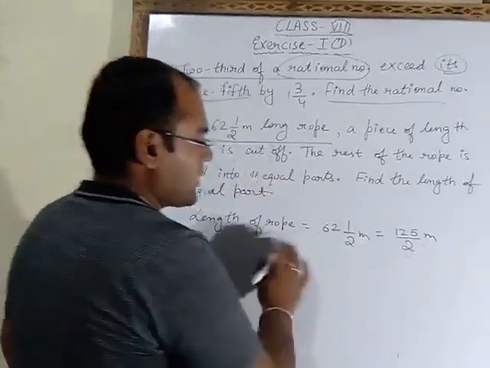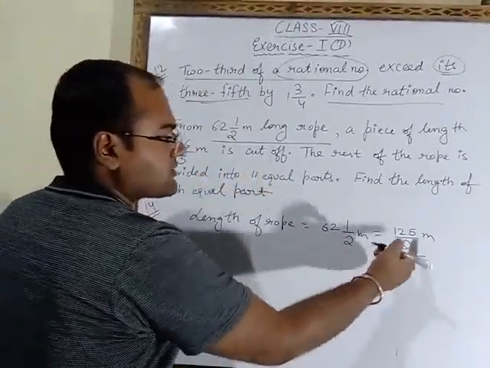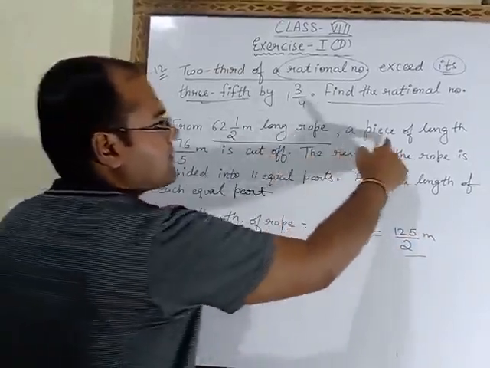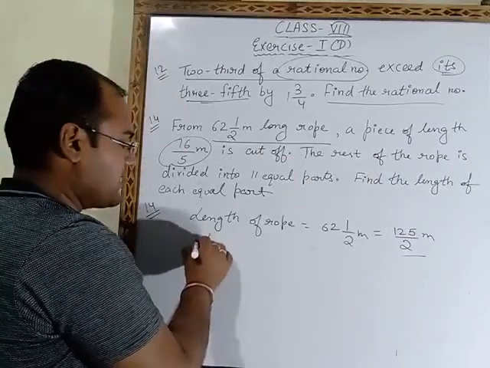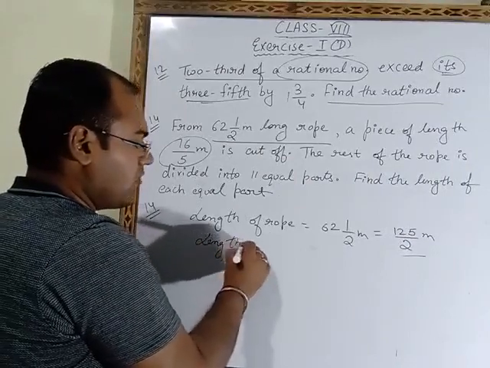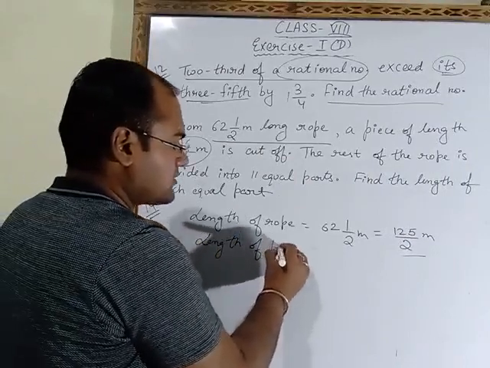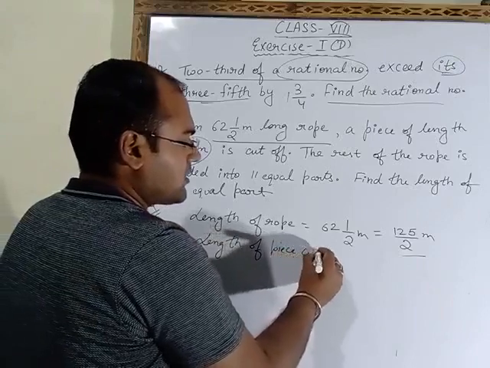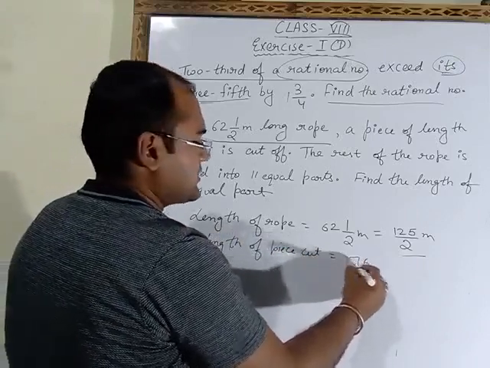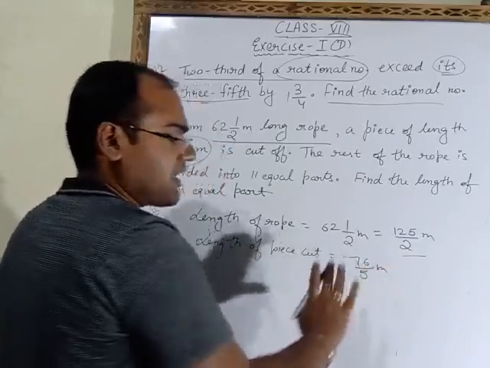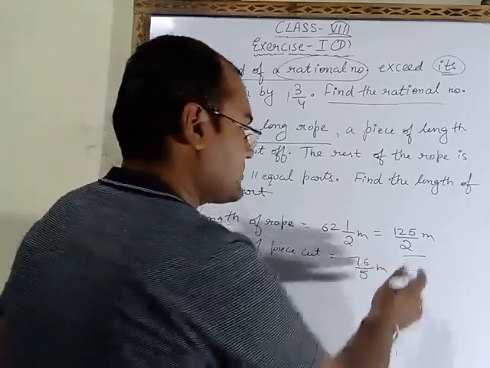This is the total length of the rope. From this rope, a piece of this much length is cut. So what will you write? Length of piece that is cut: 76 upon 5 meter.